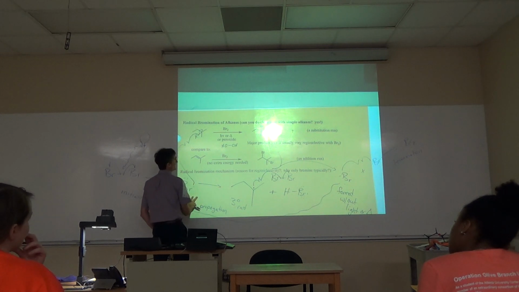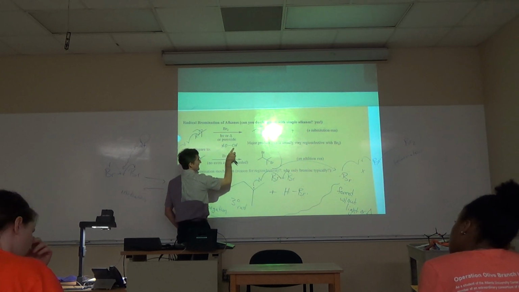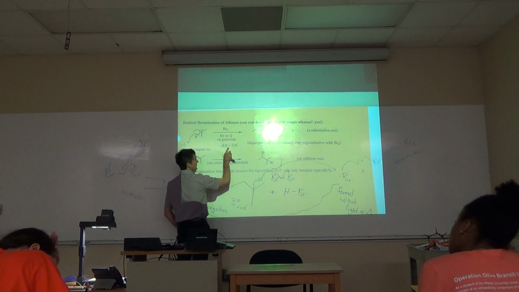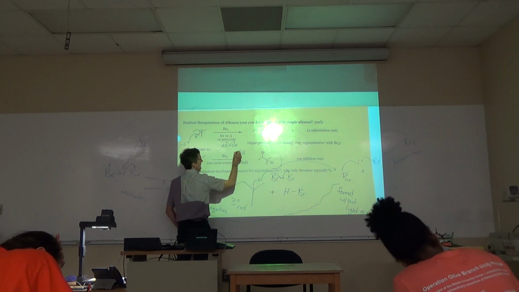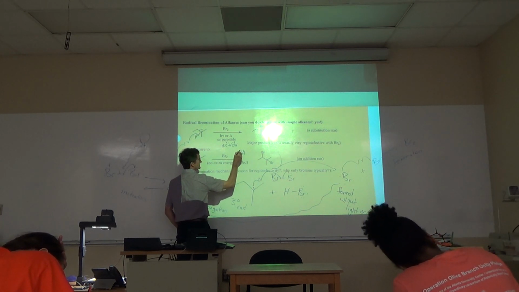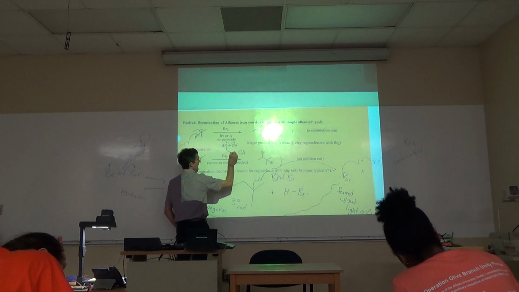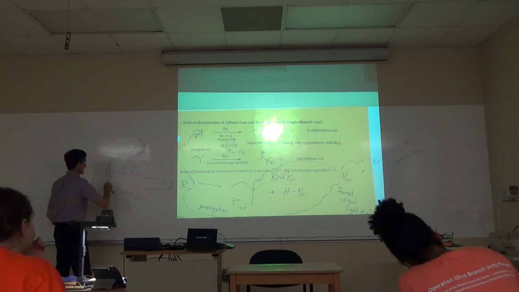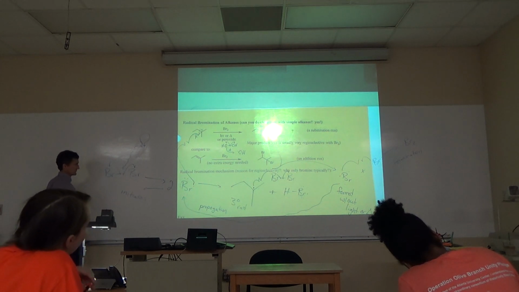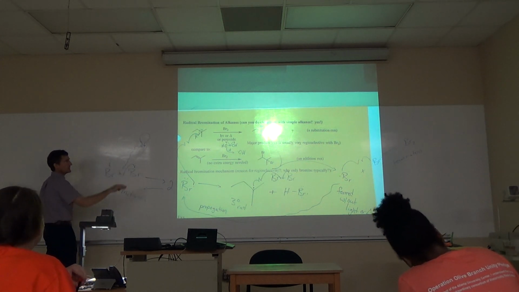How do these help? Well, it could be that these make radicals more easily, and these make kind of hydroxyl radicals with heat or something. And then a hydroxyl radical can produce bromine radicals. I'm not going to go into that.